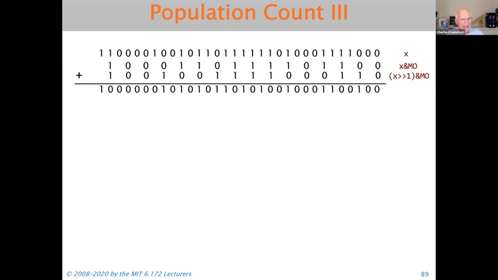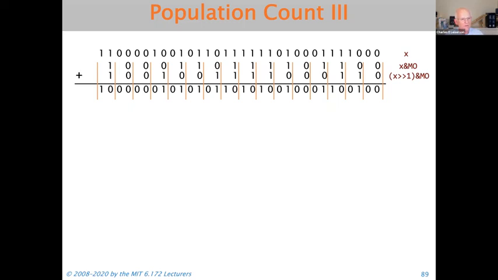When we add them, we get this. Well, what is that? Who knows what that is? We can understand what that is if we look at this in groups of 2 bits. What we've done is we've added up the number of ones in each consecutive 2-bit field. We've partitioned the word into 2-bit fields, and then we've simply added up the number of ones.